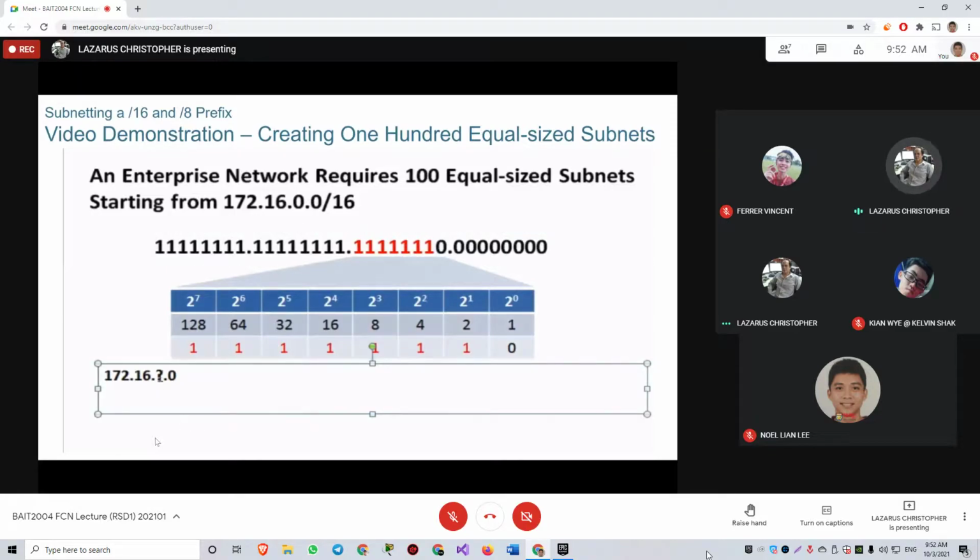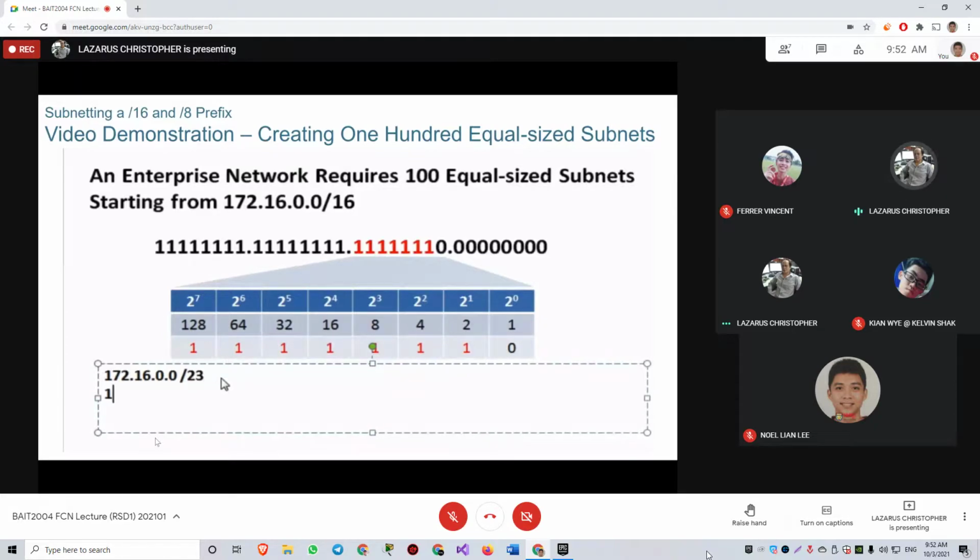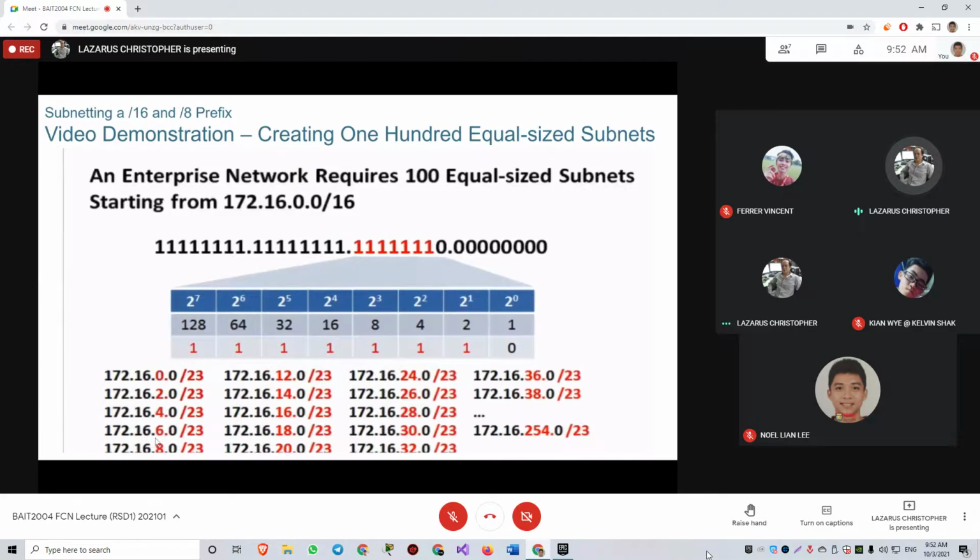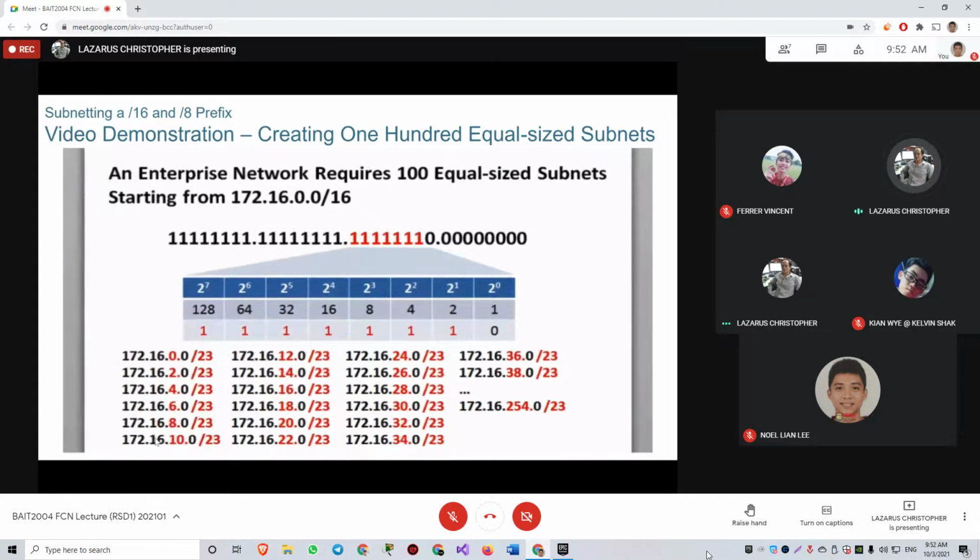So I can go down here and fill in the networks. The first network will be 172.16.0.0/23, because we have 23 ones now in the subnet mask. And the next network will be 172.16.2.0/23.